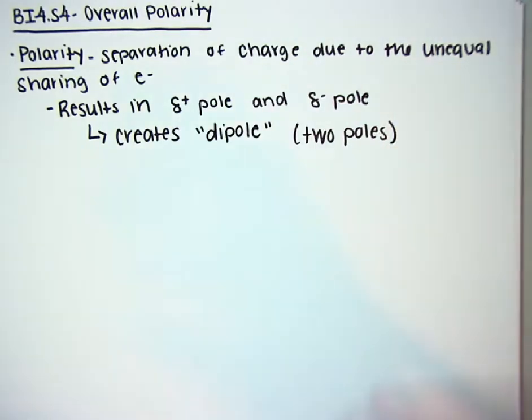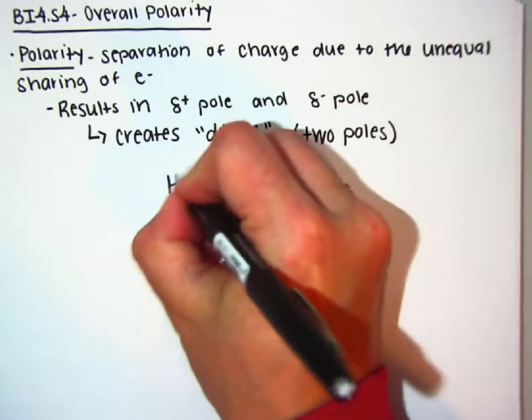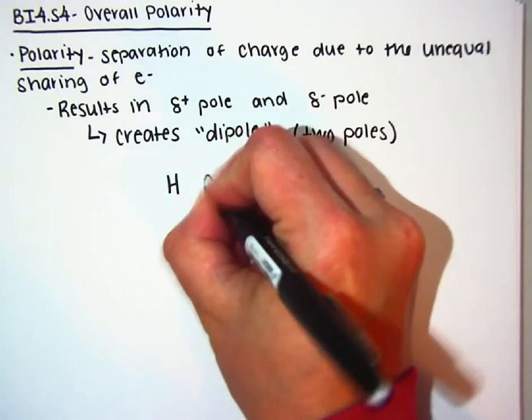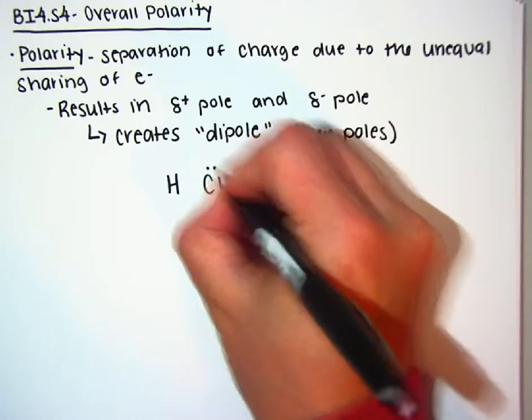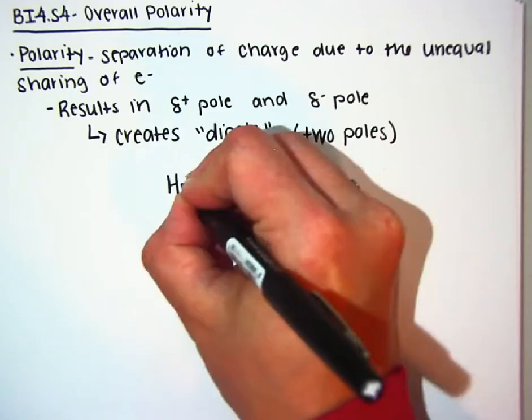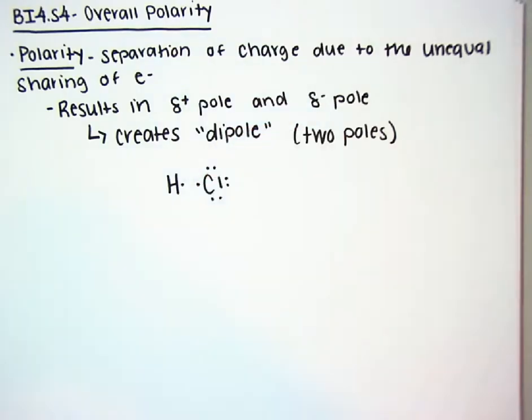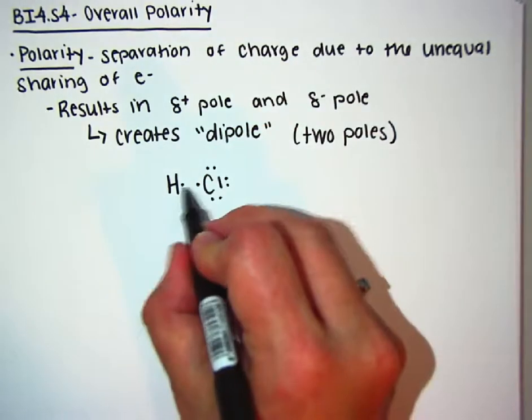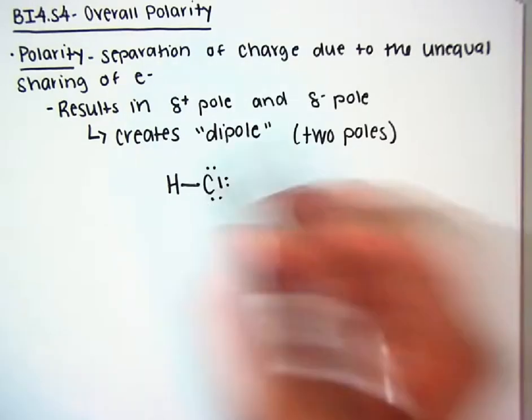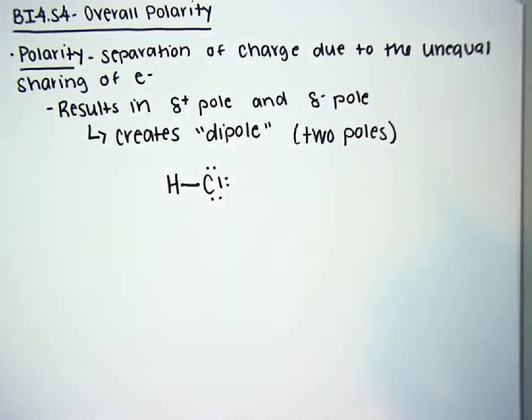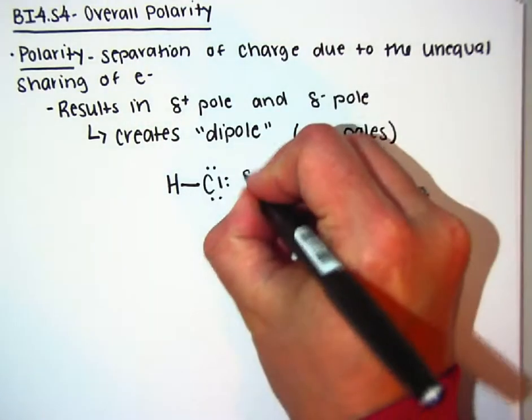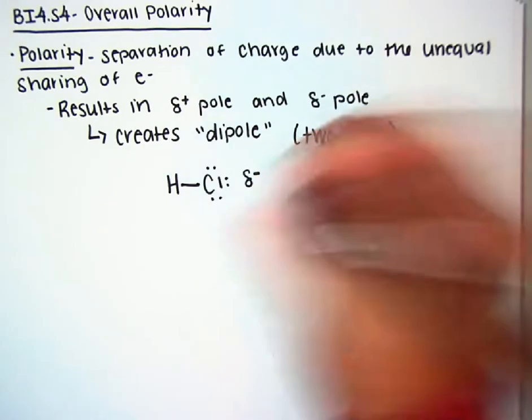So an example of something that is polar would be the bond between hydrogen and chlorine. So they are going to share their electrons. This unpaired electron is going to be shared and it is going to form a single bond. But remember, polarity has to do with our difference in electronegativity. Chlorine is much more electronegative.